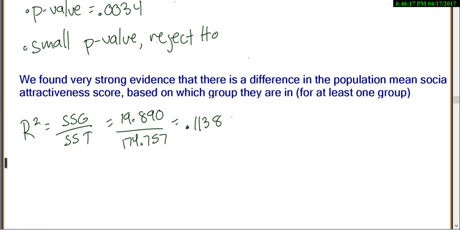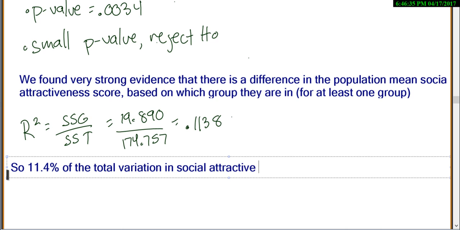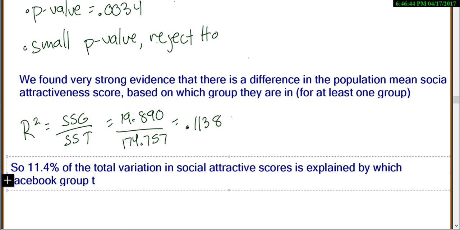And what does this mean for us? Okay, so remember I said it's the percentage of the variation you can explain based on which group they are in. So we could say 11.4% of the total variation in social attractiveness scores is explained by which Facebook group they are in.